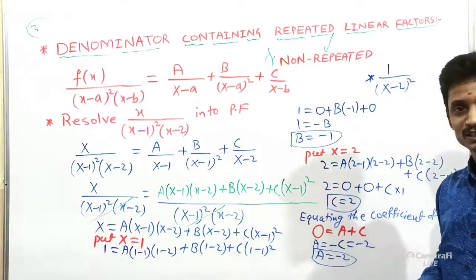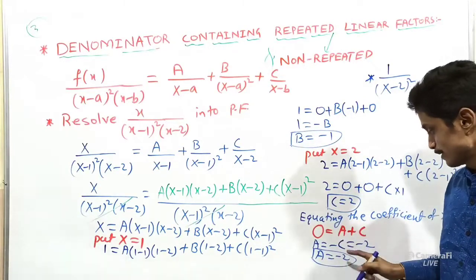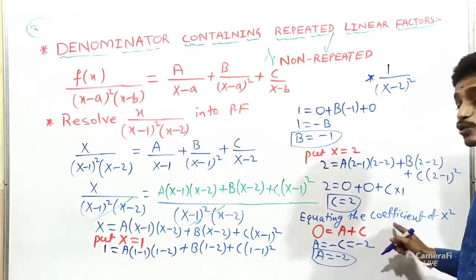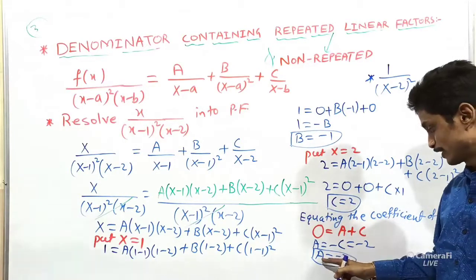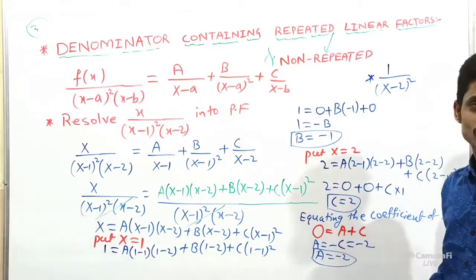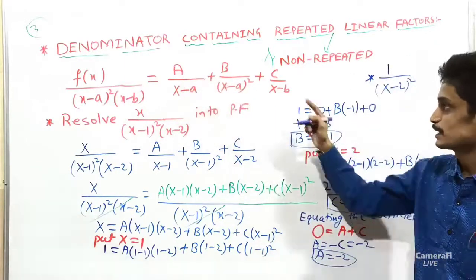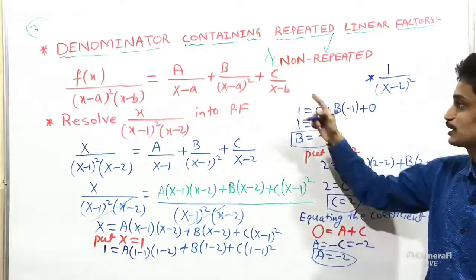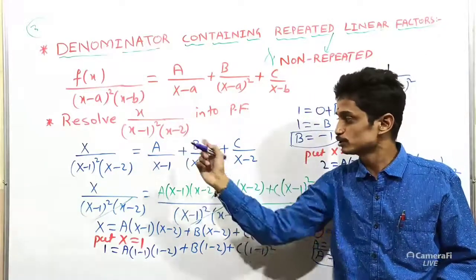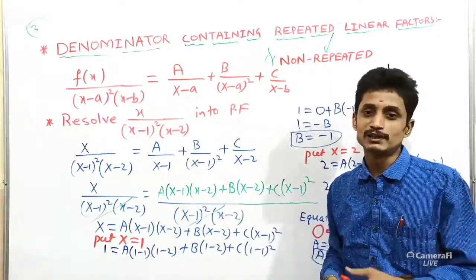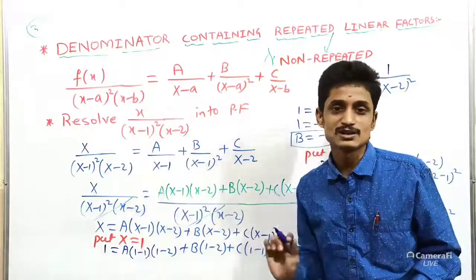That's why I applied the equating the coefficient method here. Then I got my value a equal to minus 2. Once you replace a by minus 2, b by minus 1 as well as c by 2, now add all the three values, then you will get your required LHS answer.